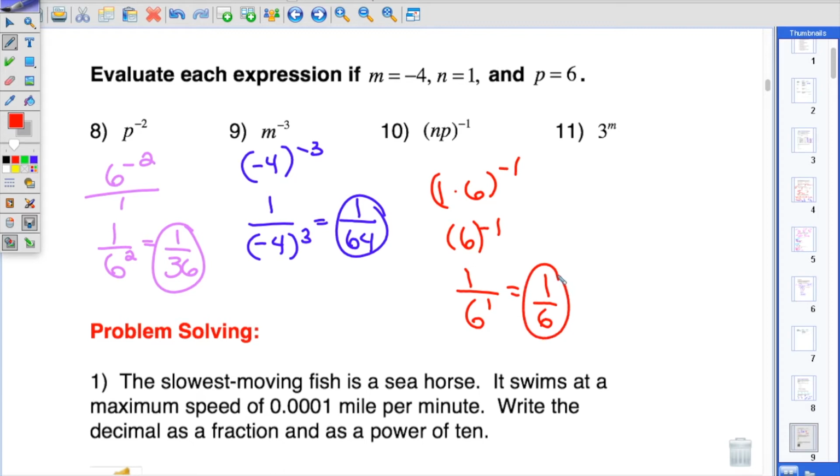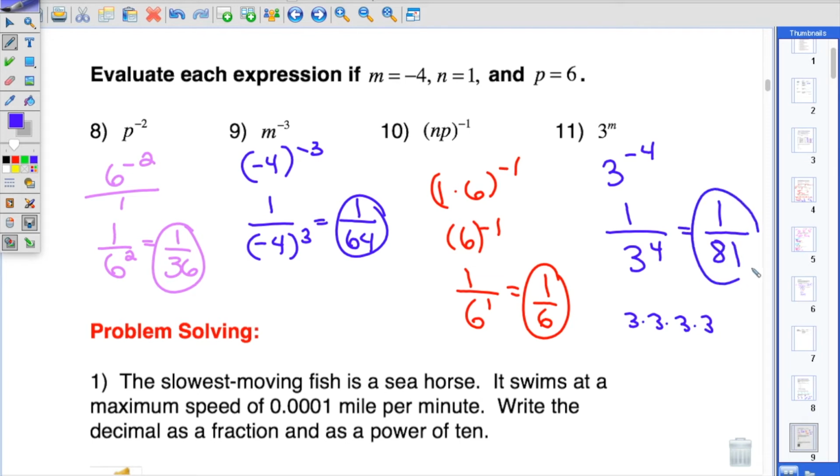Number 11 is 3 to the m power, so that means it's 3 to the negative fourth power. So that would be 1 over 3 to the fourth power. So 1 is in our numerator. Our denominator is our 3 being repeated 4 times, which gives you 81.